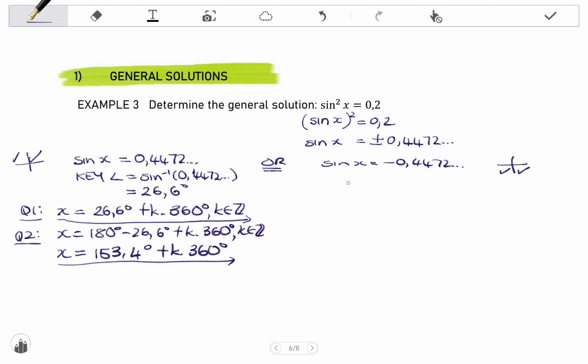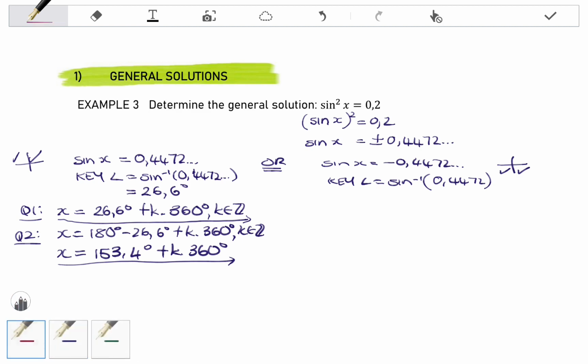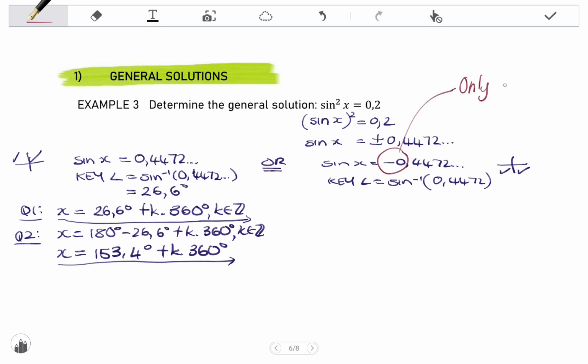Now, when it comes to finding the key angle, we never include the negative. So I'm going to take positive 0,4472 in my calculation for the key angle. That means the only thing I use this negative for is to determine the quadrants.